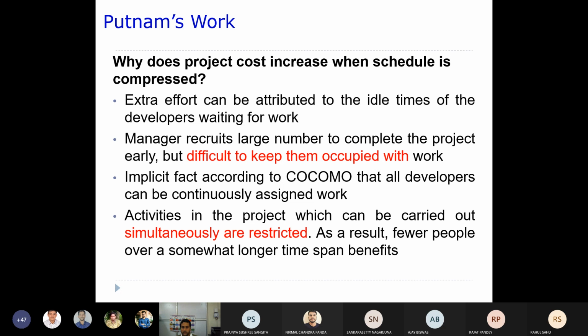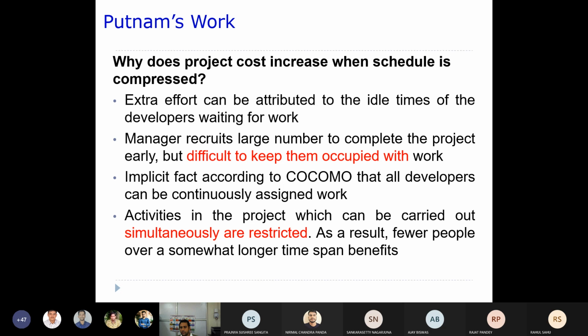But activities in the project which can be carried out simultaneously are restricted. According to COCOMO, we cannot carry out many activities simultaneously. That is what is restricted by the COCOMO model.